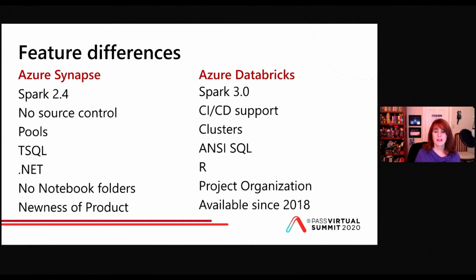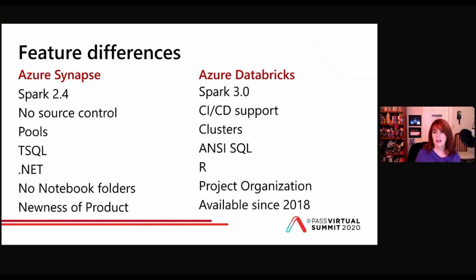One thing about Databricks, again, it's been available within the Azure environment since 2018, and actually it was in AWS in 2017, so it's not terribly new. And Synapse is new. The features that I'm talking about regarding Spark are not even GA.